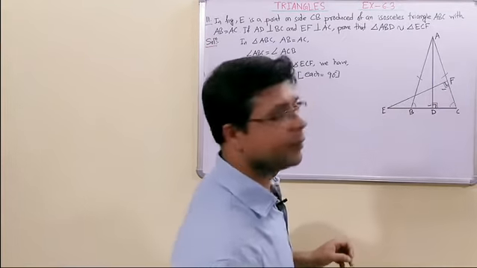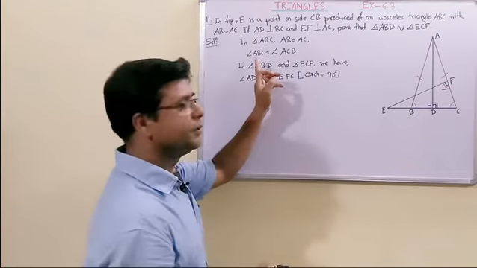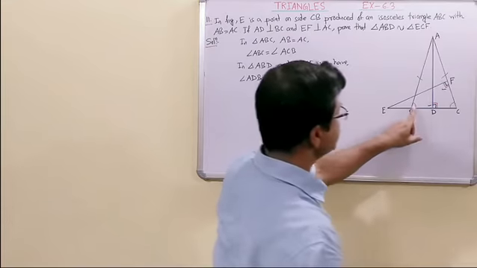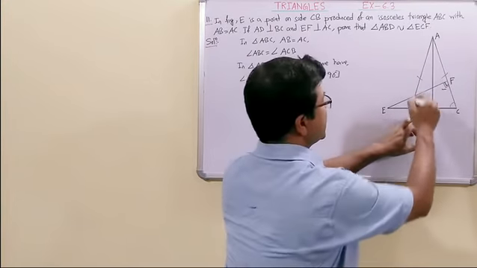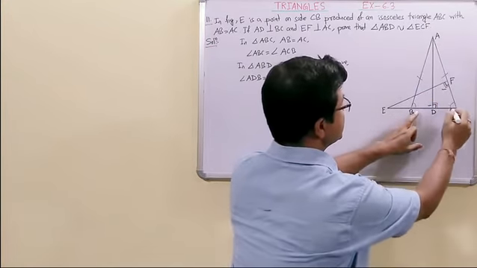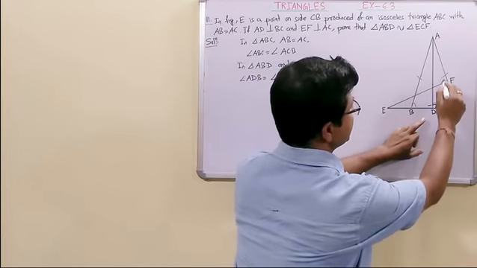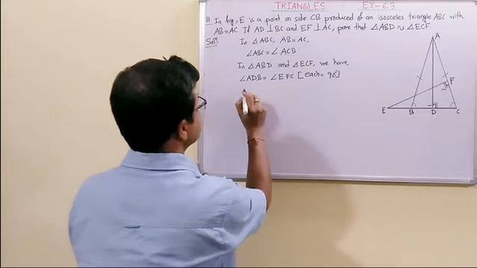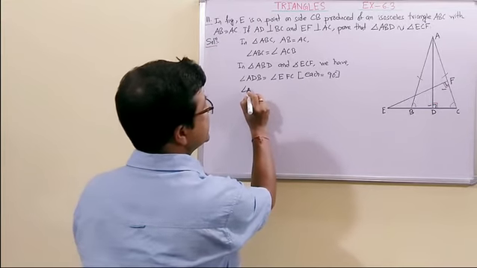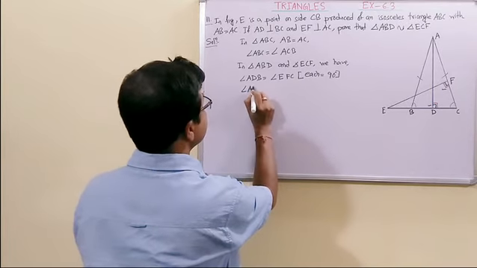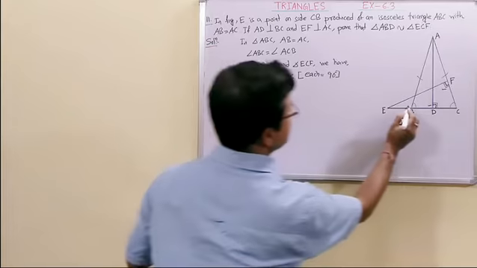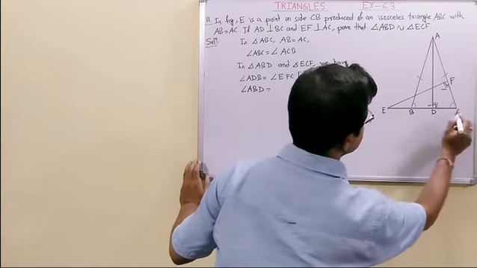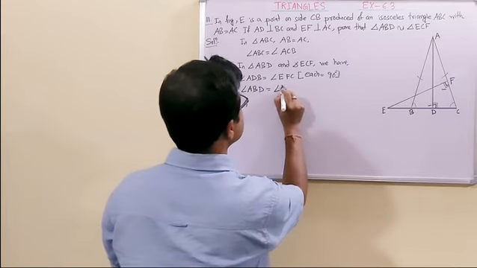Now we need one more. What is that? Already we have proved. You can check. Now students, you can see that this angle lies in triangle ABD. It is equal to this angle which lies in triangle ECF. So let us write these two angles are equal in these two triangles. So we shall write angle ABD is equal to angle ECF.